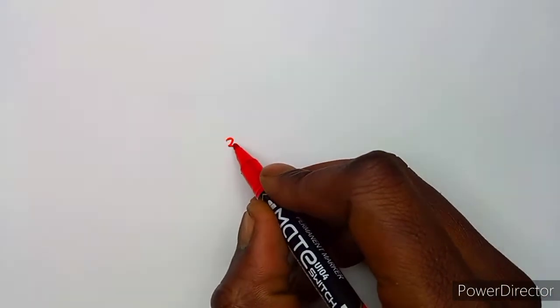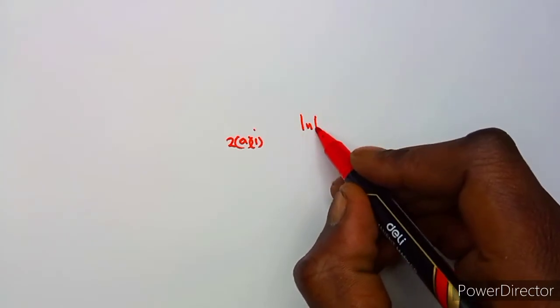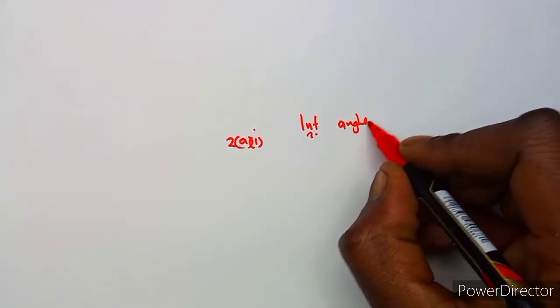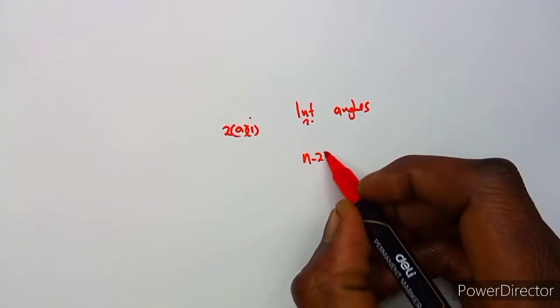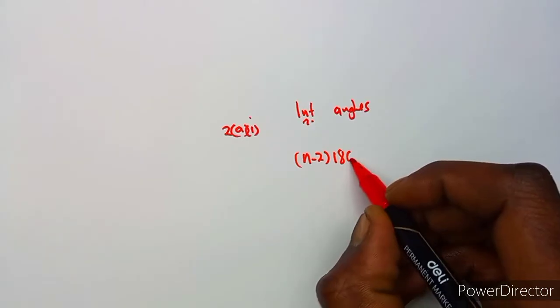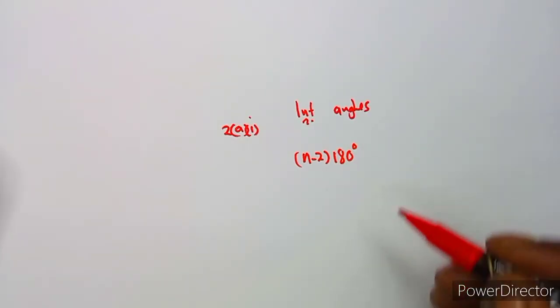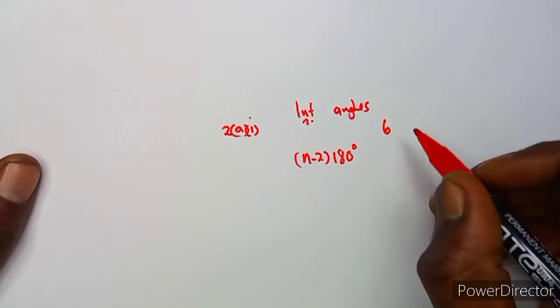We are referring to interior angles of a hexagon, and we know, guys, that the interior angles of any polygon can be given by this formula, n minus 2 times 180 degrees. Remember, I talked about this on polygons. So this is a hexagon that we have, which has got 6 sides.